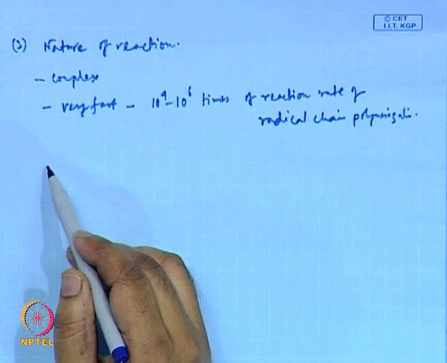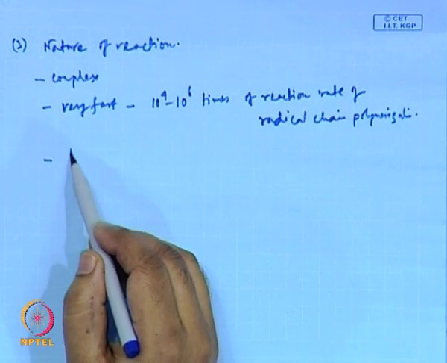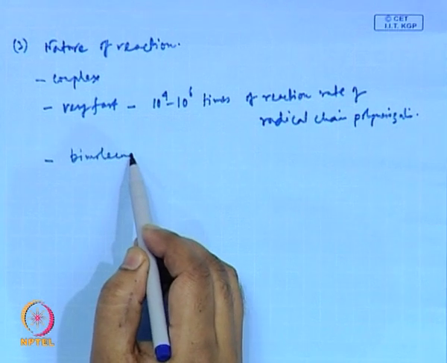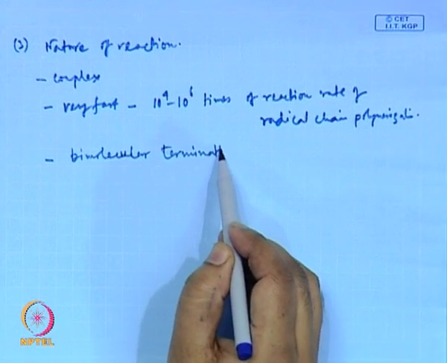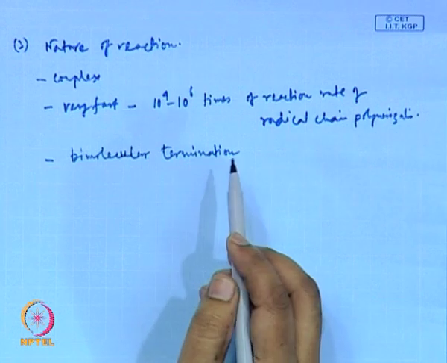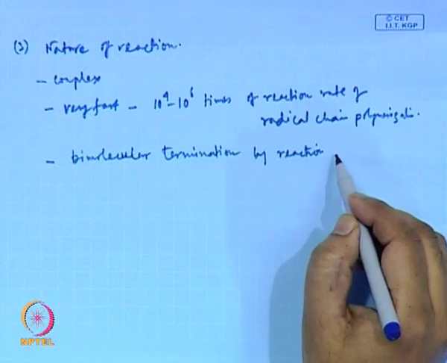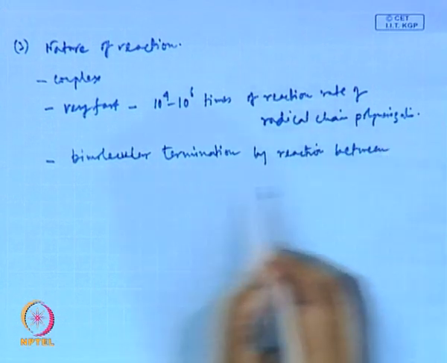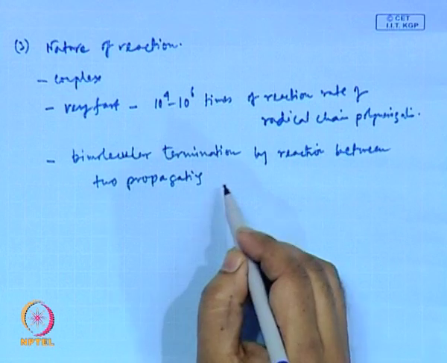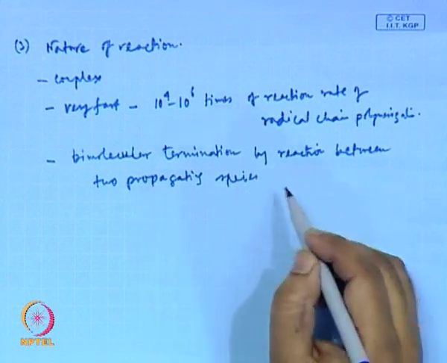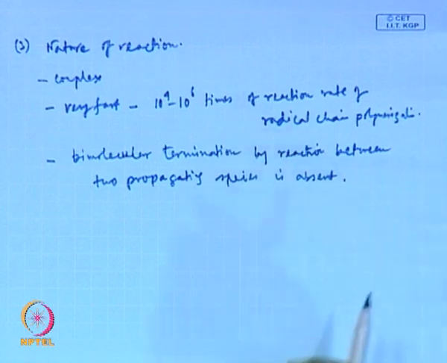Now, in case of ionic reaction, bimolecular termination by reaction between two propagating species is absent, because they have ionic charge.